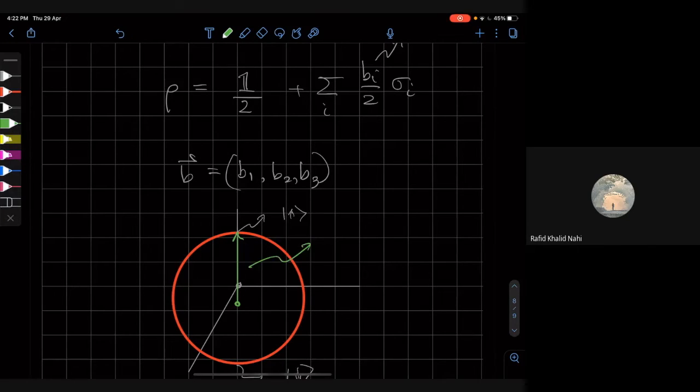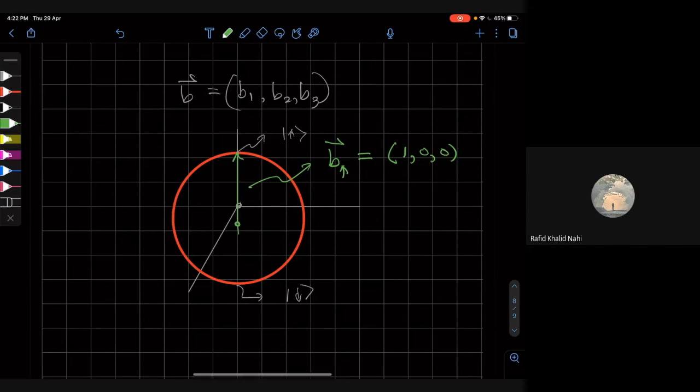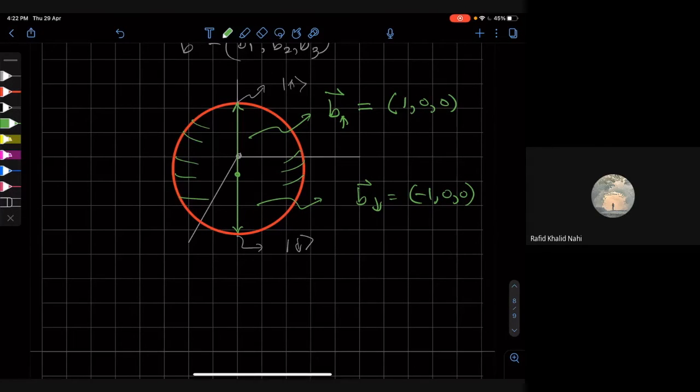And this is, say, the vector b up, and this will be (1, 0, 0). And the South Pole, the spin down state, will be given by a vector b down, which will be (-1, 0, 0). And similarly, all pure states, which are living on the surface of the sphere, will satisfy this condition.